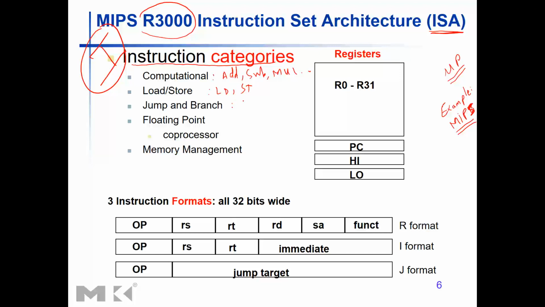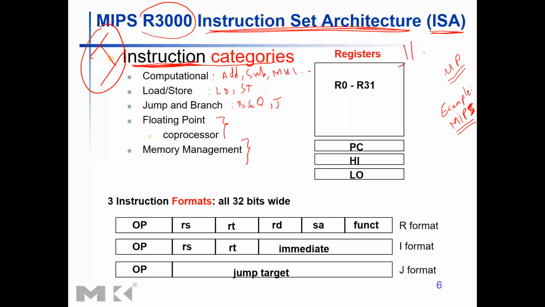What kind of jumps, such as branch if equal or the jump instruction? What kind of floating point operations? What kind of memory management instructions? The assembly instructions that I have are one key part of the instruction set architecture.